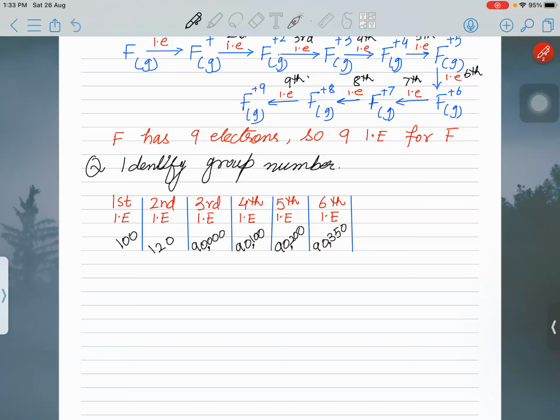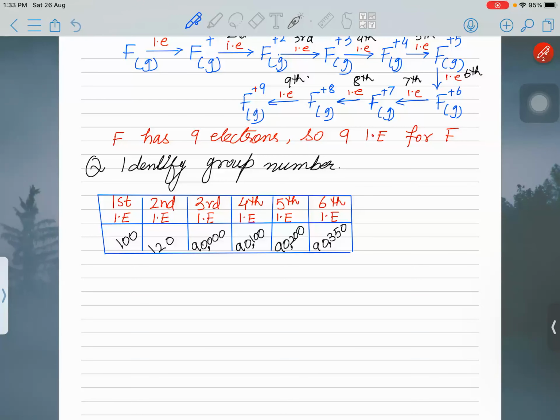Can anyone identify the group number? Was it group 4? Why group 4? Because 6 electrons total are removed. No. Can you tell me where you observe the big jump? 120 to 90,000.